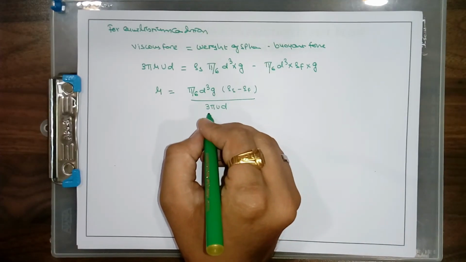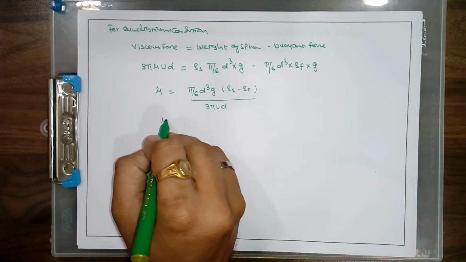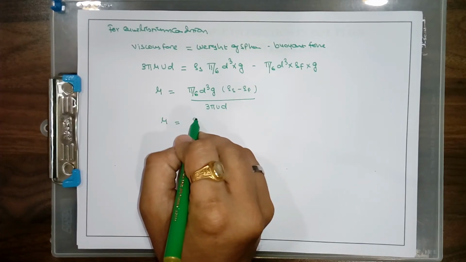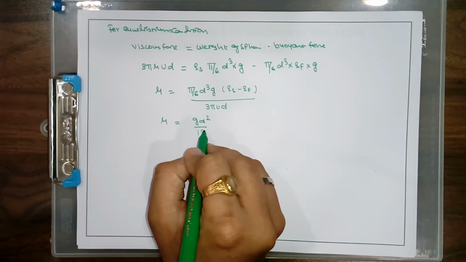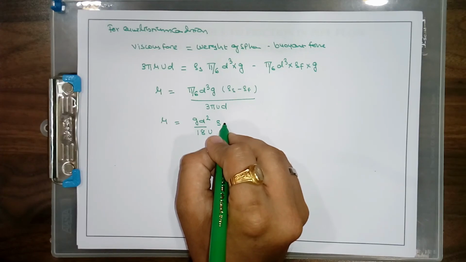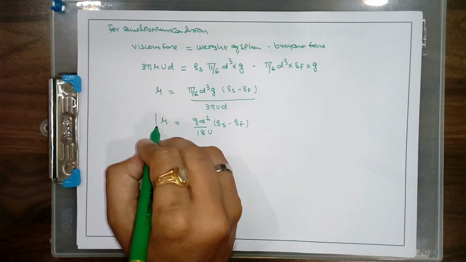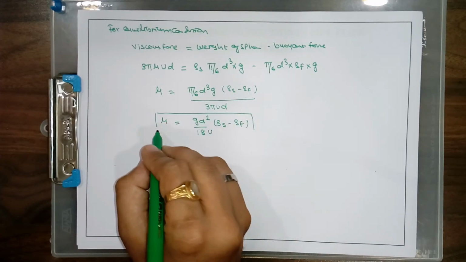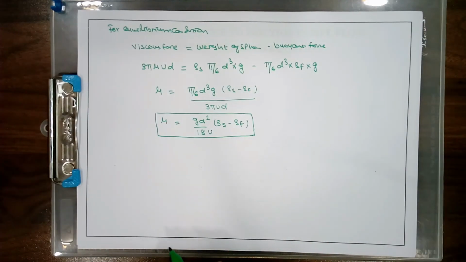So the d cancels out, as well as pi, and finally we get mu equals g d squared divided by 18 u, into rho S minus rho F. Using this formula we can calculate the viscosity by the falling sphere method.